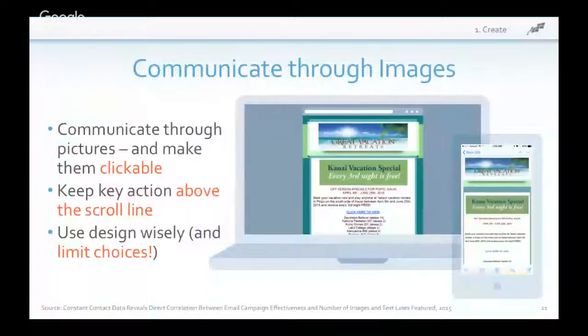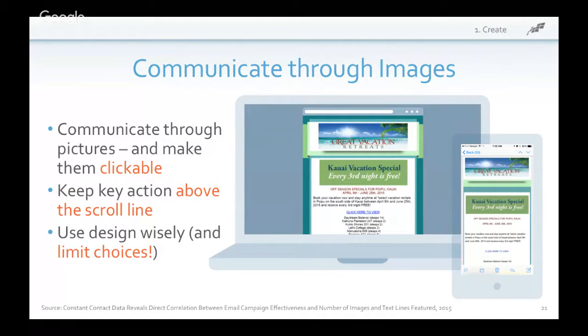If you want to communicate through images, make sure that your images are clickable. For example, on our Kauai vacation special, making this image clickable right here, ideally I'd like to see a button with "click here to view" as well. You want to give people easy targets for their fingers when they're on their itty-bitty phones.